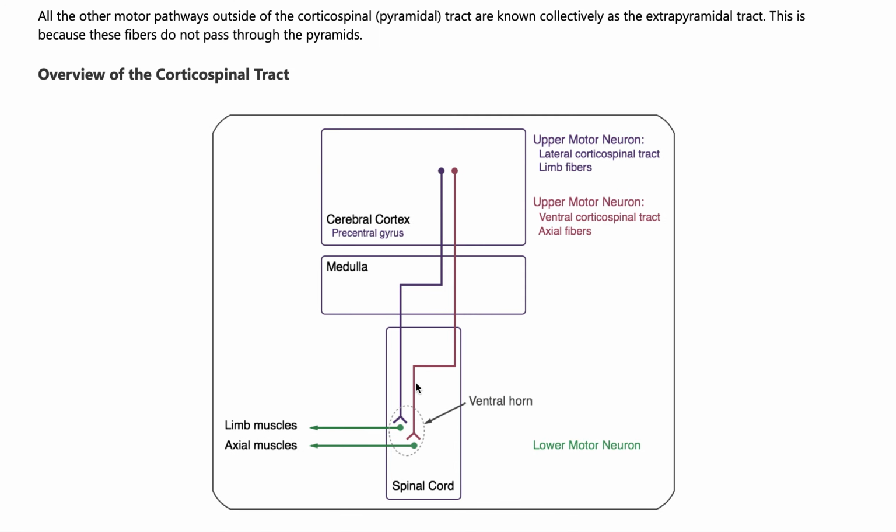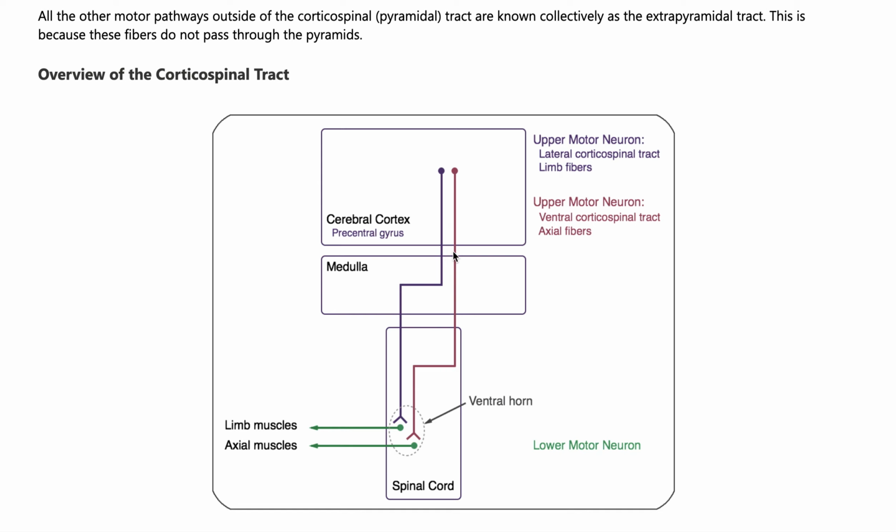So again, there's two pathways here. Both of them are from upper motor neurons, and one involves the lateral corticospinal tract, illustrated in purple, the one we reviewed first, and then the ventral corticospinal tract is in a maroonish color, which we talked about second.